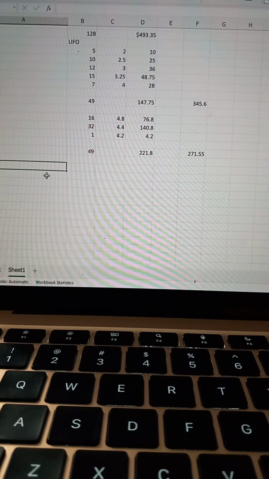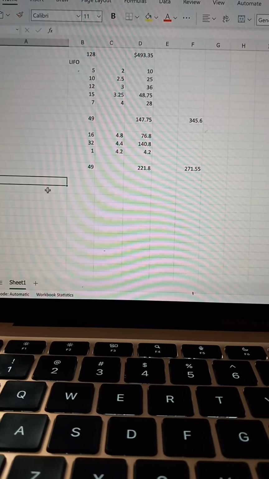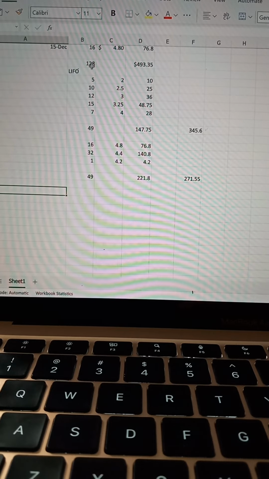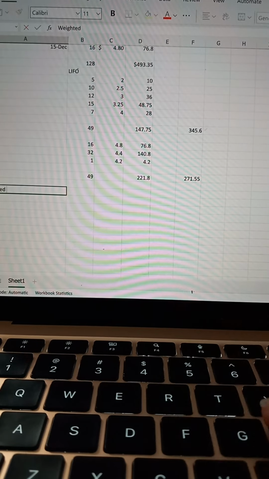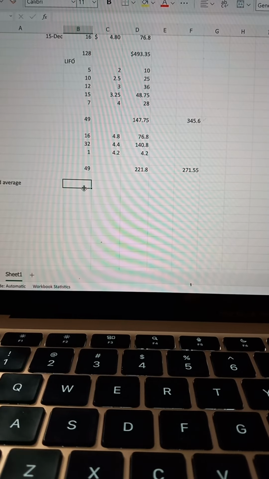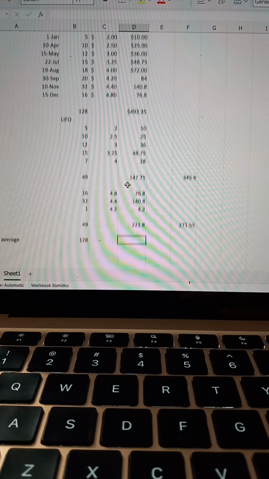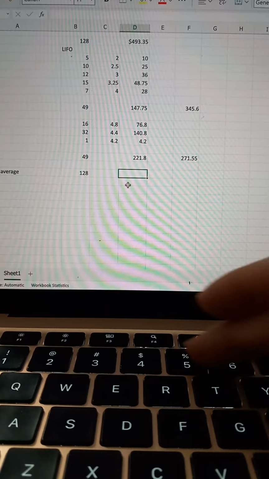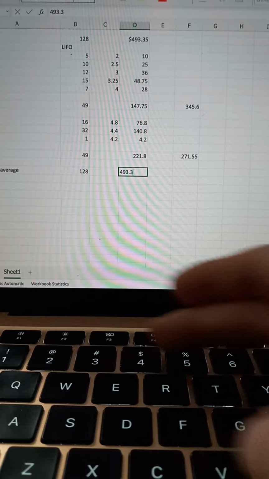And then the last one, we're looking for our weighted average. So what we're going to do for our weighted average, we already have this value and we already have that value. So for the weighted average, we know there's 128 units, my bad. And we already know there's 493.35.